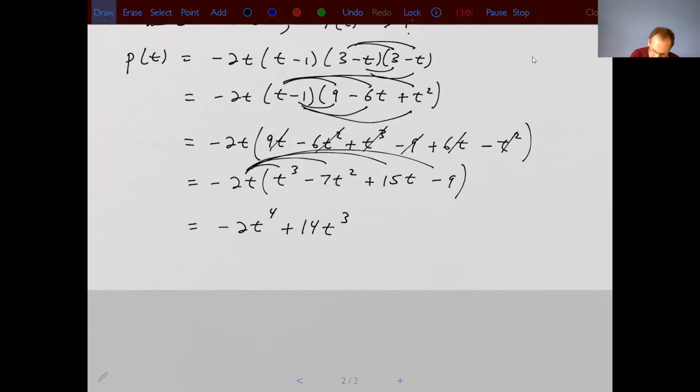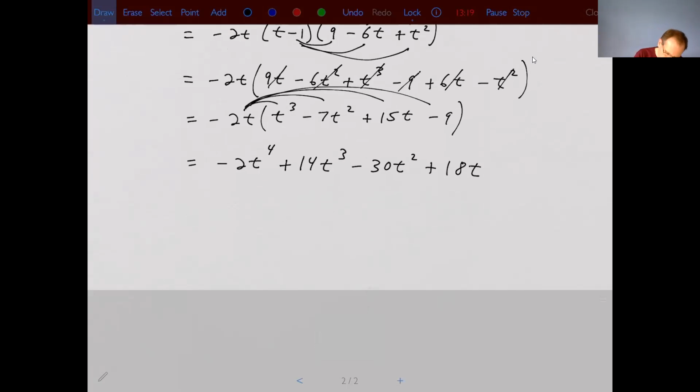Negative 2t times 15t is negative 30t squared. And negative 2t times negative 9 is plus 18t. Okay, so the leading term, right, the leading term, so this is p of t, is this term right here.